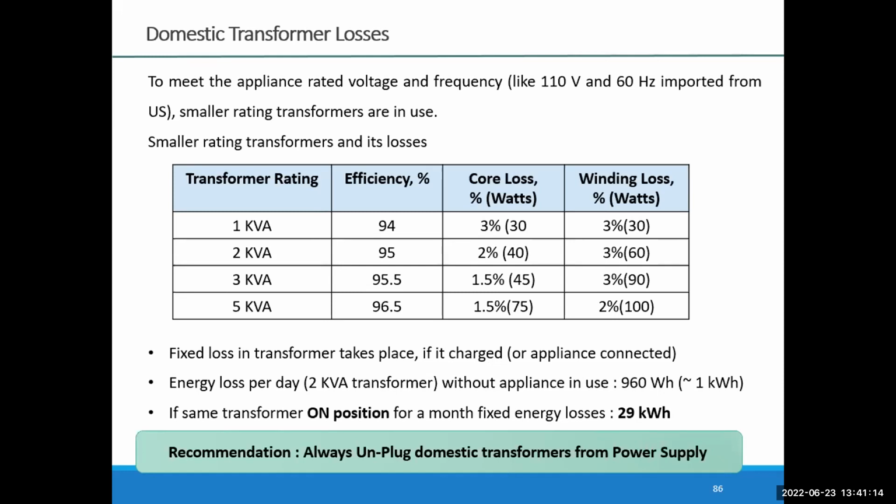That is, about 1 kilowatt hour is wasted if you just keep that 2 kVA transformer switched on without using any load. That means it is better to switch off the transformer also. If the same transformer is on for a month, the fixed loss comes to 29 units. It is just the daily energy loss multiplied by the number of days in a month to give the monthly energy wastage.